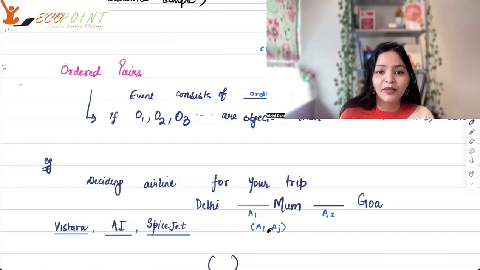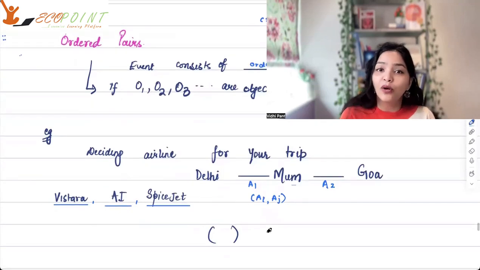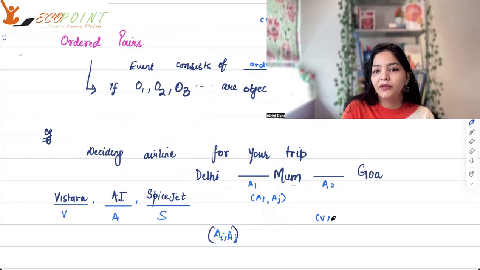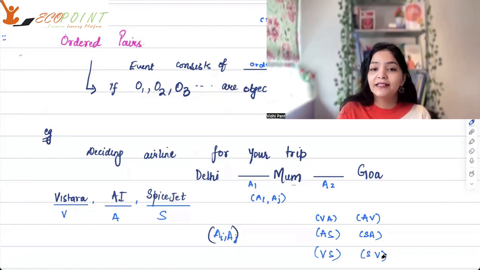So the possibilities will be in terms of ordered pairs, AI, AJ. If we say this is V, this is A, this is S, then the ordered pairs could be VA, could be AV, could be AS, could be SA, it could be VS, SV. These are all ordered pairs that I am looking into.